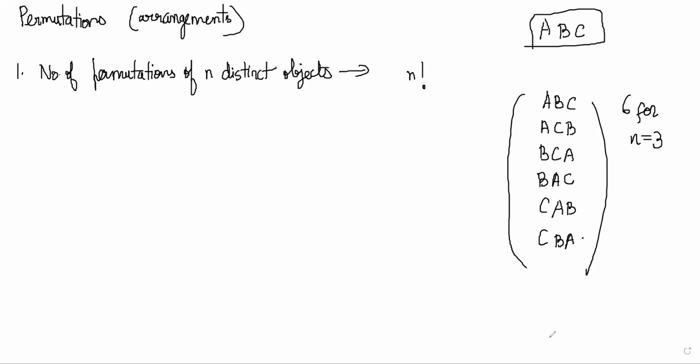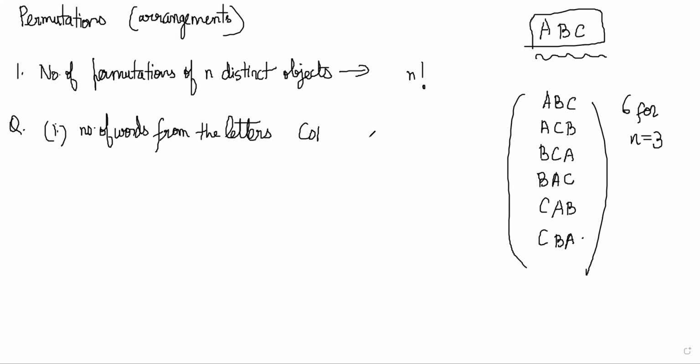So that is the number of permutations of n objects. The n objects were distinct from each other. If they were identical, then you would not be able to permute them in so many ways, right? For example, if we look at a question here, the question is the number of words that can be formed using the letters of the word COMBINE.